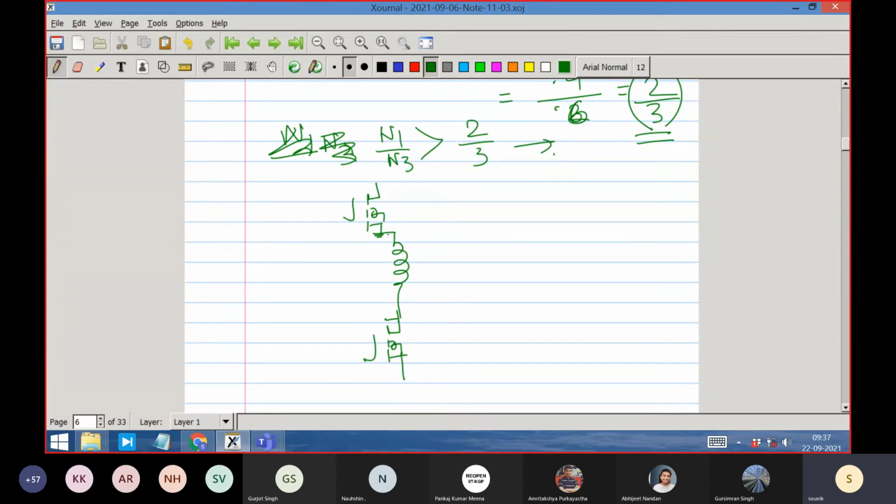This is the way I'm drawing it, you look at it. This is the transformer coil. I have put two switches, Q1 and Q2, in series with the transformer, right? And all of them will be turned on together.